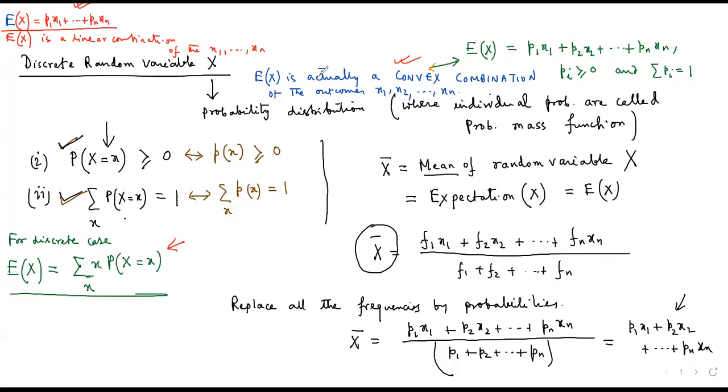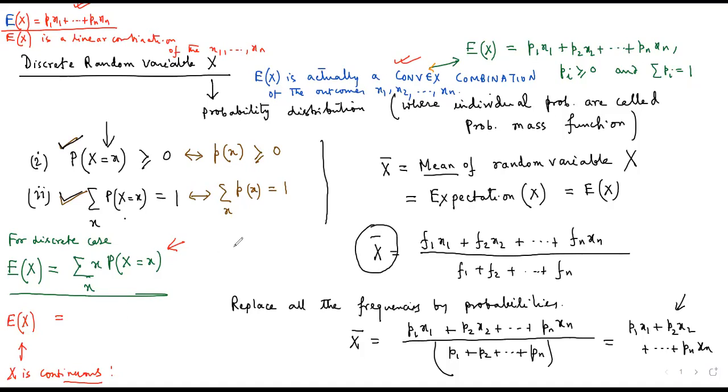Now, can anyone give a guess, before I conclude today's session? Suppose I am writing that capital X is continuous. We do not have any idea about continuous; I have not discussed the continuous case here. Can you guess?